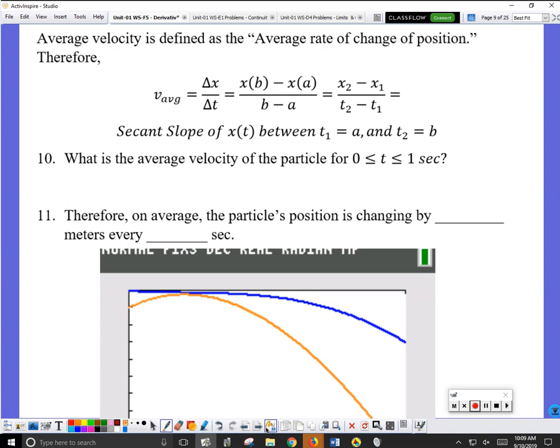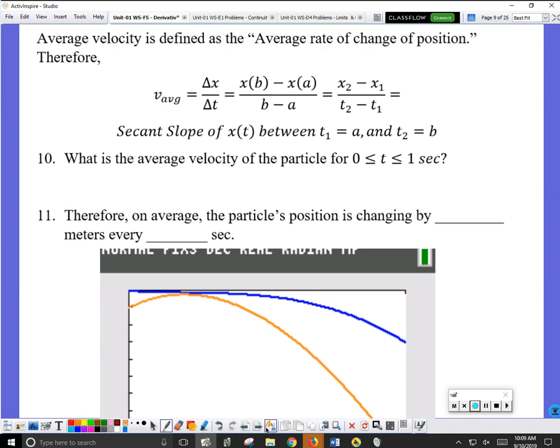If I say my velocity is -1 meters per second, that's telling you at that exact moment, my position is going to head that way 1 meter every second. That's what velocity means, okay? Average rate of change of position, or average velocity, is by what amount on average are you moving that way? So let's do this computation here.